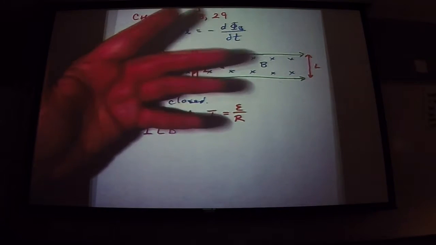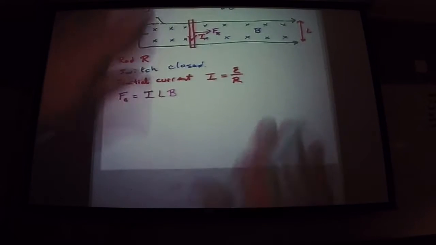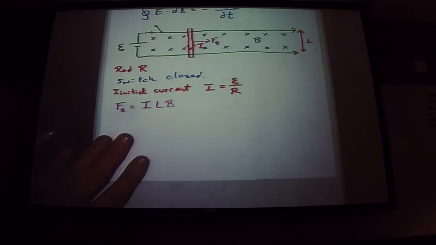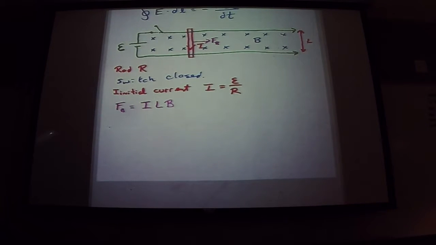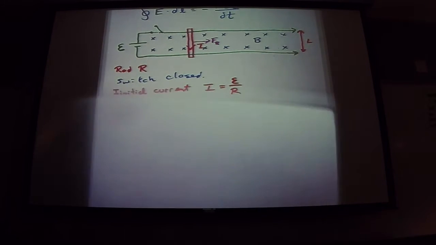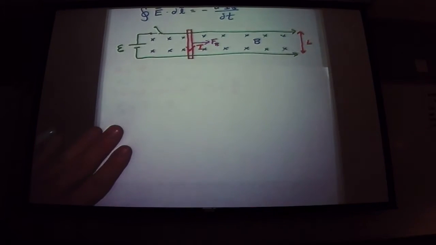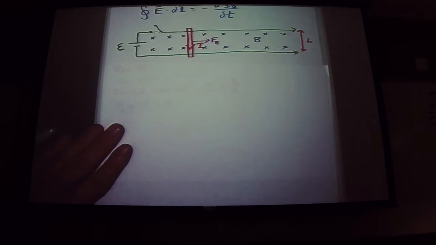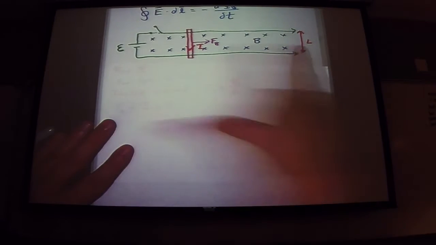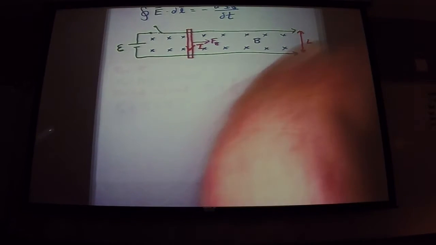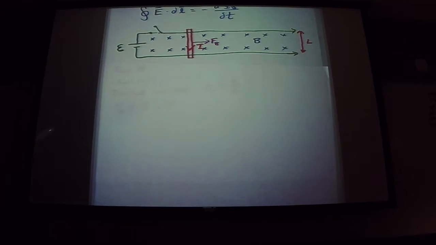So let's see what happens. What we want to figure out in this case is the induced voltage when this thing is moving with some velocity v. In other words, it's going to start moving, it's going to start speeding up. So let's see what happens when we have the same situation here.